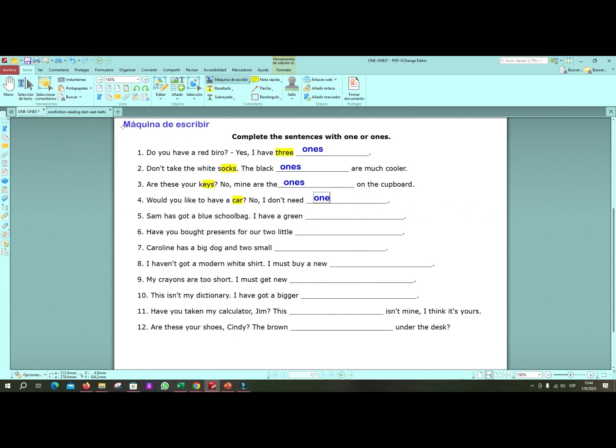Okay, thank you, Kenneth. What about the number 5, Mr. Mario Echeverria? Are you there? Yes? Some of us wear a blue school bag. Okay. I have a green one. So one, because school bag, that is singular, so I have a green one.